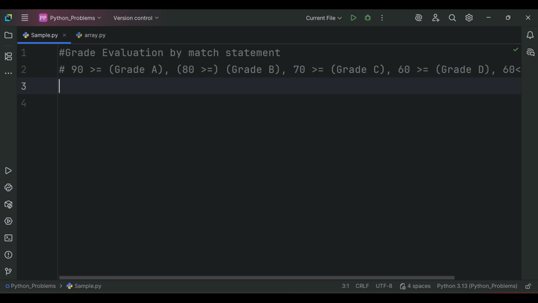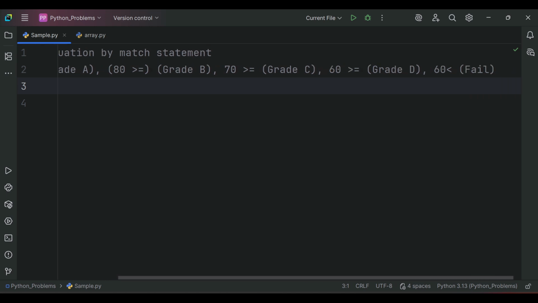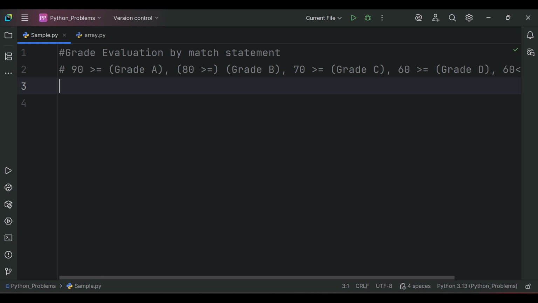Suppose the marks are greater than 90, it is grade A; greater than 80 is grade B; greater than 70 is grade C; and greater than 60 is grade D. Suppose below 60 marks, that student should fail. This is the problem. Based on these conditions, we have to prepare a program.